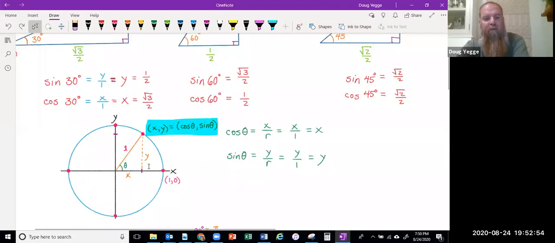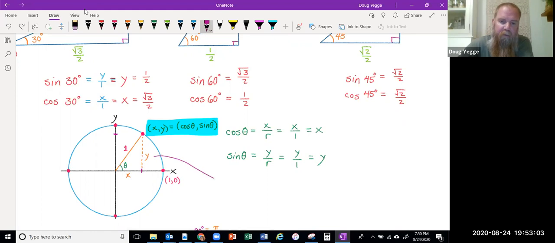So now to revisit this proof that the x-coordinate is cosine θ and the y-coordinate is sine θ, let's now take a look at this triangle and recognize that by the Pythagorean theorem, x² + y² = 1, which should be kind of obvious for this circle because from algebra this is the circle equation where the radius equals 1.